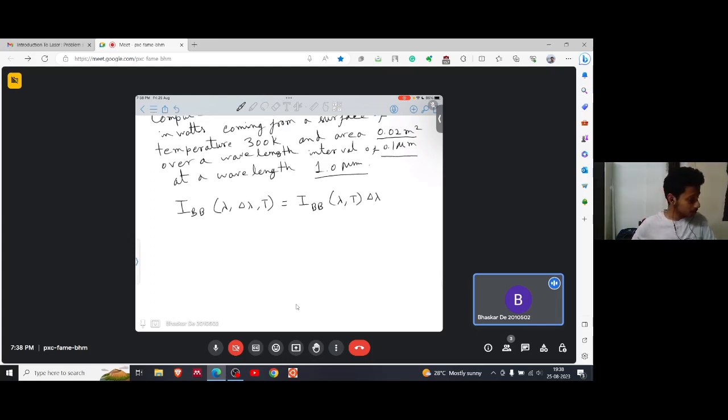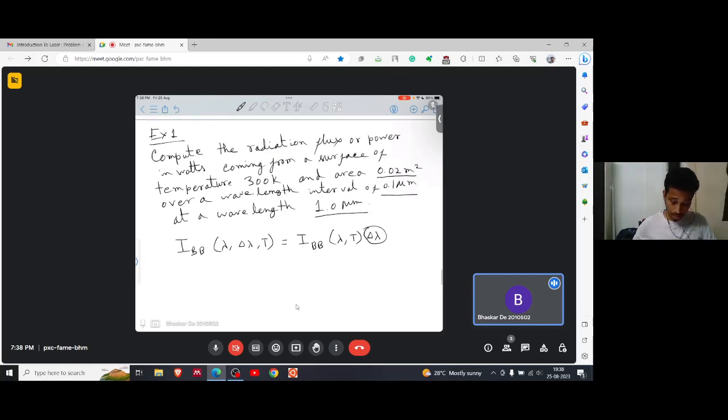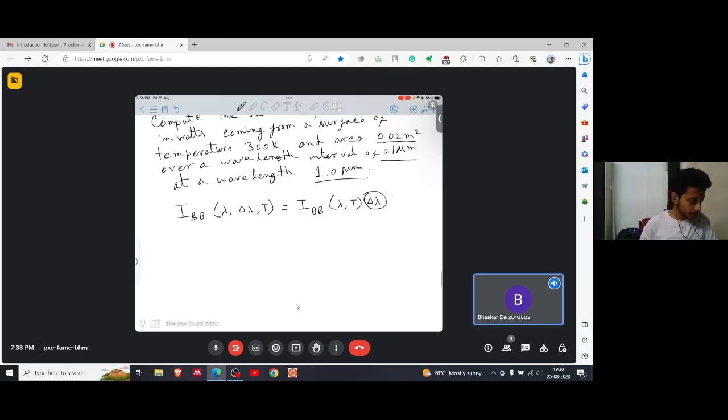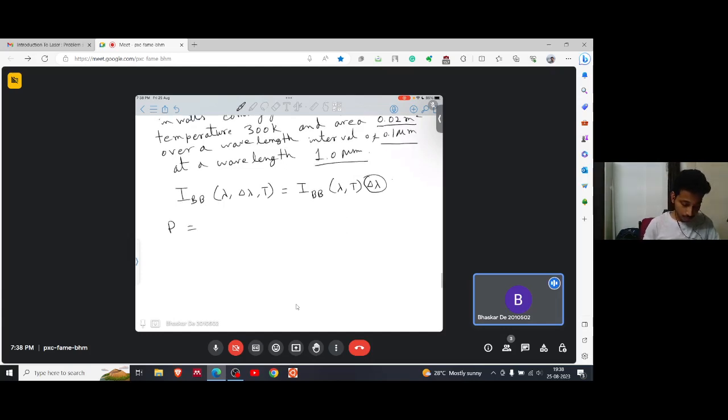So basically the flux will be multiplied with the wavelength interval, and here also the surface is provided, so it will be multiplied with delta A. So basically P equal to I BB lambda T delta lambda.